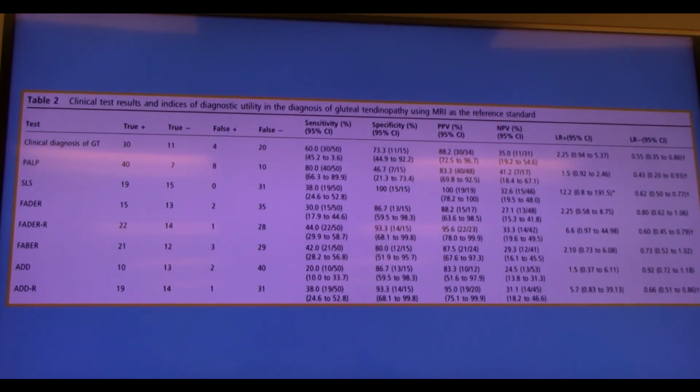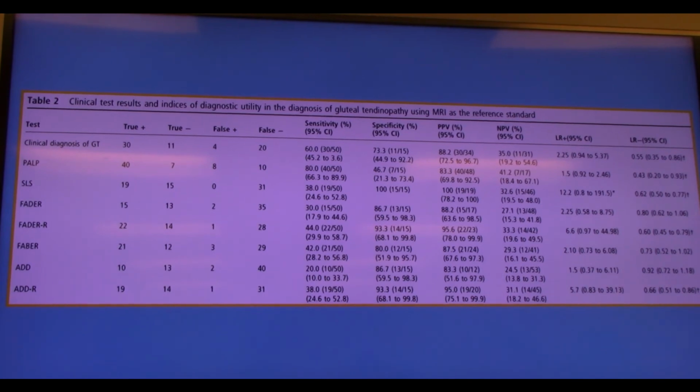So in terms of the results, it's a bit of a confusing table, but we'll go through it step by step. There were 65 participants. 20 participants had gluteal tendinopathy on MRI, but were clinically negative, and 34 participants had a positive clinical diagnosis, so they had positive palpation plus one other test. Whereas 50% of the MRI reports actually identified gluteal tendinopathy.